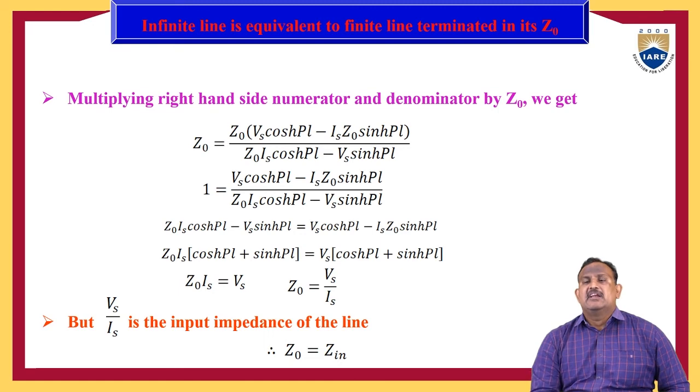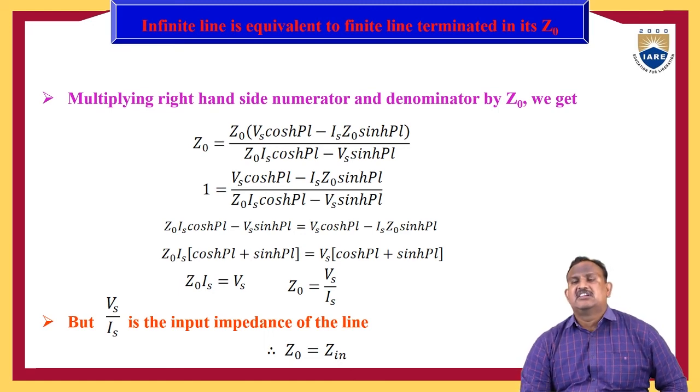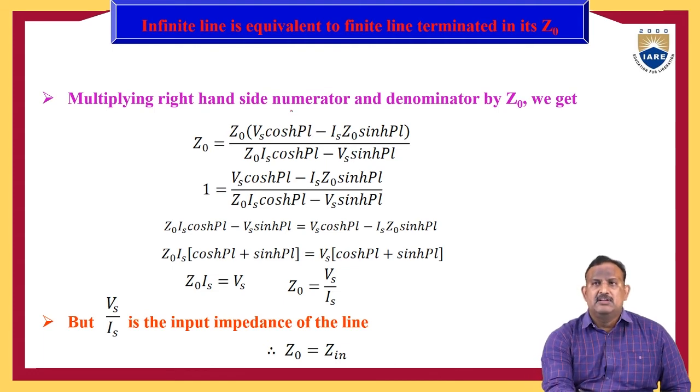Next, multiply the right hand side numerator and denominator by the characteristic impedance Z0. If you multiply both the numerator and denominator by Z0, then Z0 equal to Z0 into Vs cos hPL minus Is into Z0 sin hPL by Z0 Is cos hPL minus Vs sin hPL.